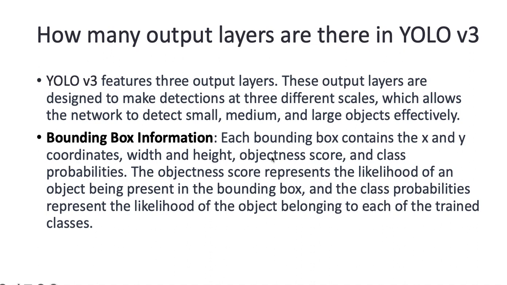Now, what is this objectness score, also called the confidence score? It is how confident the model is that the detected object is indeed an object and is not part of the background or some noise. And the class probabilities are the probability of that object belonging to each class.